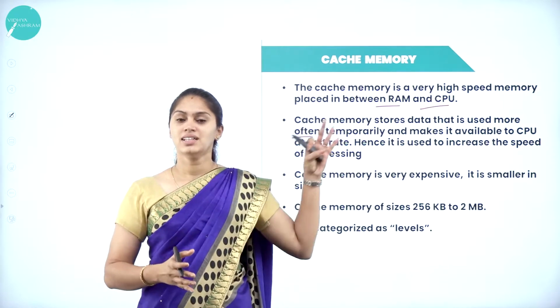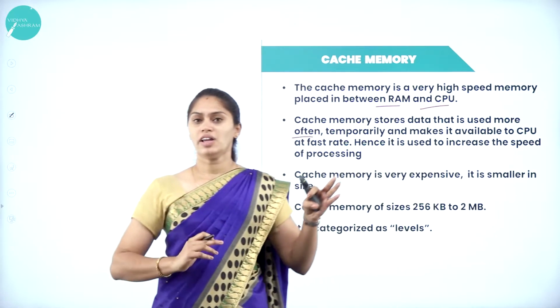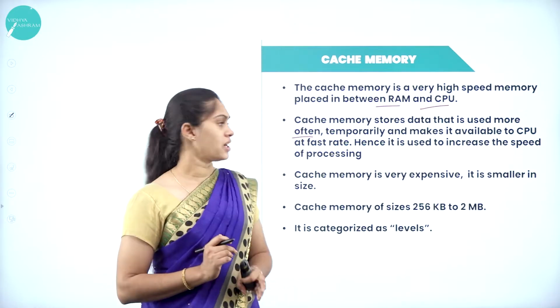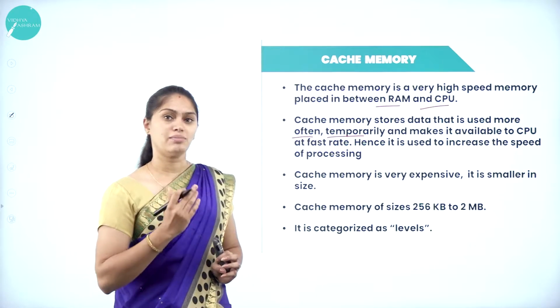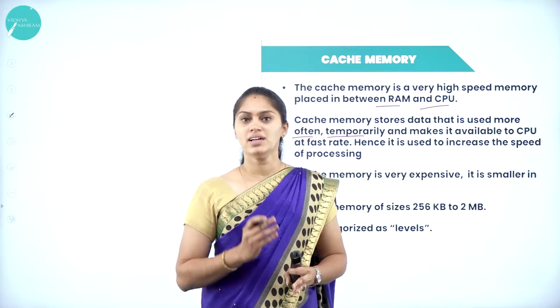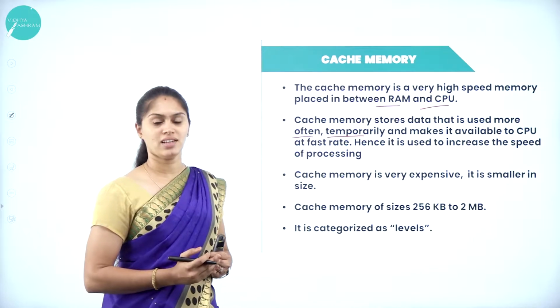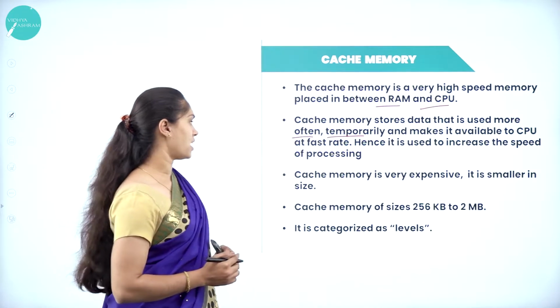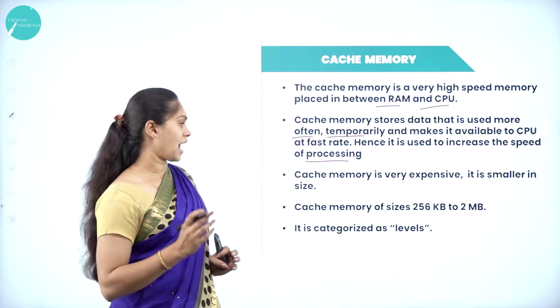In the same way, this cache memory will hold the data which is most often used. And then it will store the data temporarily and make this data and instruction available to the CPU for faster processing. So it improves the efficiency of CPU performance and increases the speed of processing. That is regarding cache memory.